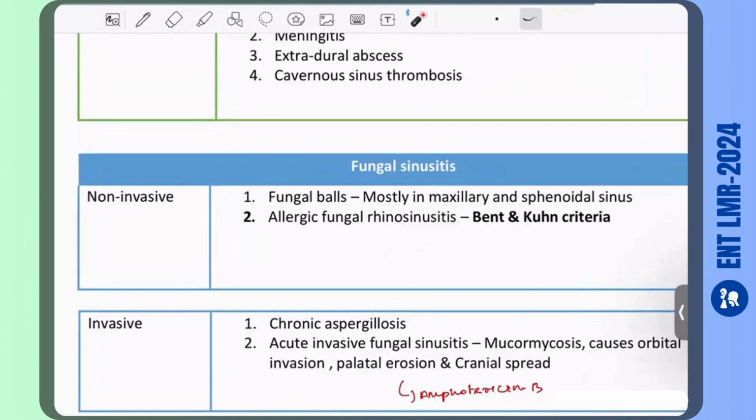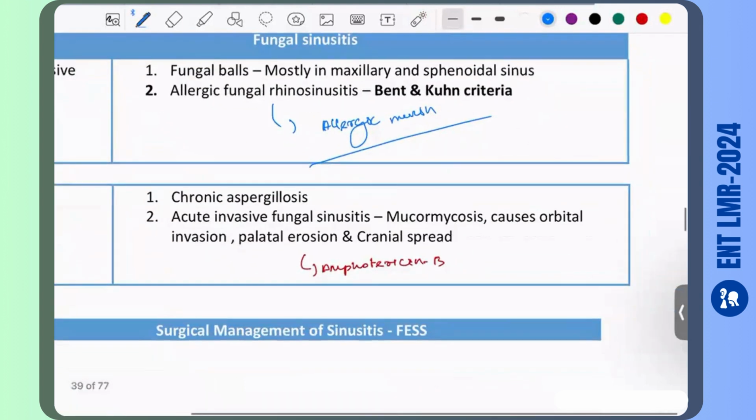What is allergic fungal sinusitis? If there are too many spores present in the nasal cavity, there will be an allergic reaction happening inside the nasal cavity. So that will cause allergic mucin. Okay, and then heterogeneous opacity on CT scan.